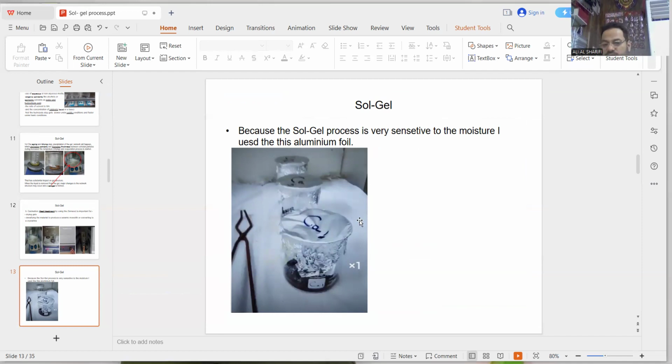Here, after that, I take it from the furnace, and I used nylon and aluminum foil. Why? Because one of the important disadvantages of the sol gel is sensitivity to moisture in the air around. Okay. The last product at 600 Celsius, we can say now the perovskite ceramic oxide is approximately prepared.